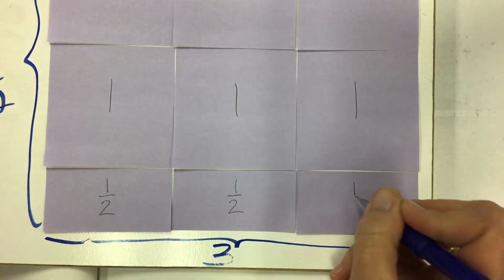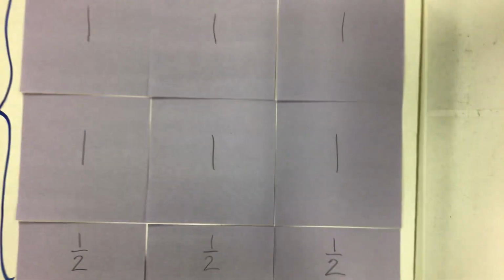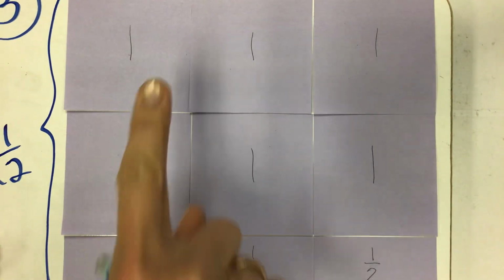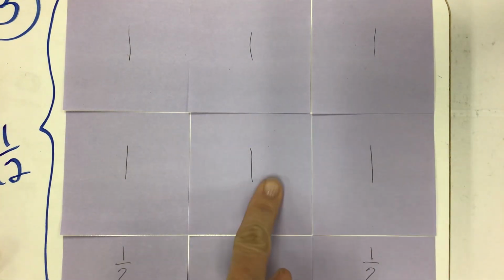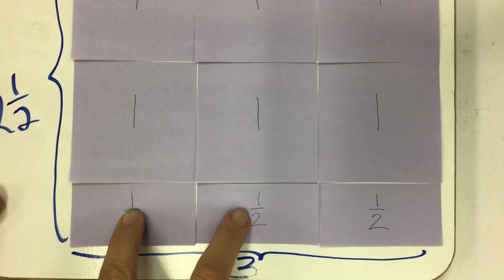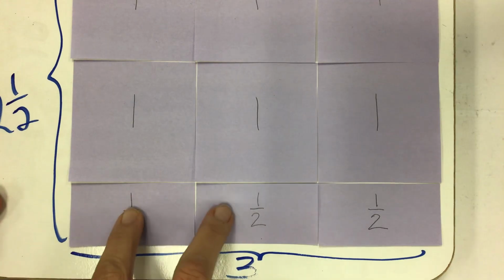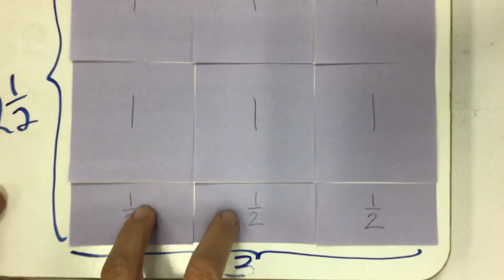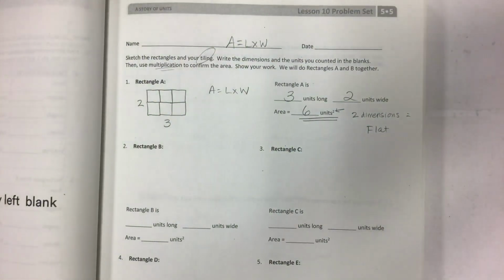As is this one. So when you look at this whole figure and you think, well, what's the area? You can literally count the 1 wholes, and then when you get to the halves, every time you have 2 halves, you make 1 whole. So it's 1, 2, 3, 4, 5, 6, 7 and a half. And that's my predicted outcome.